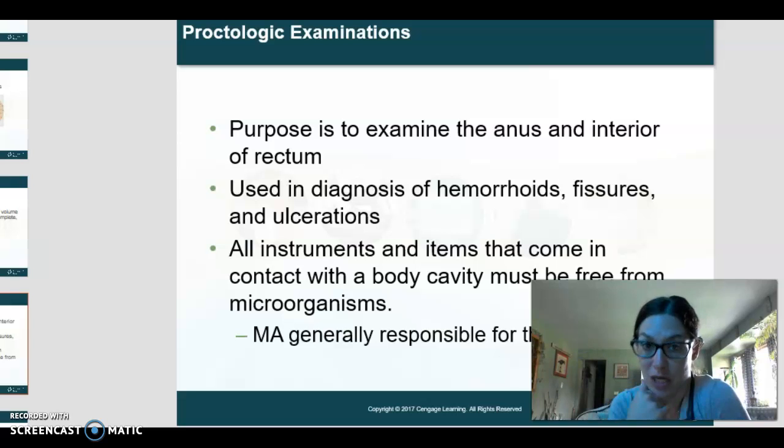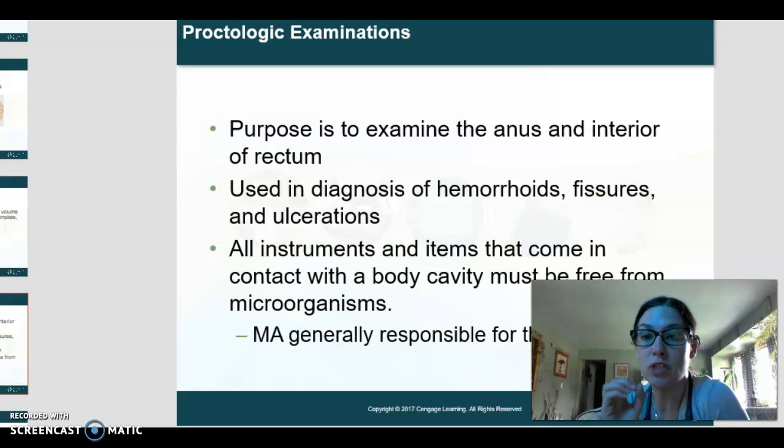Proctological examinations. These are diagnosing hemorrhoids, fissures, rectal ulcers. So, all joking aside, these are painful. They can cause a lot of pain. Everything that comes into contact with an inner body cavity has to be free from microorganisms.